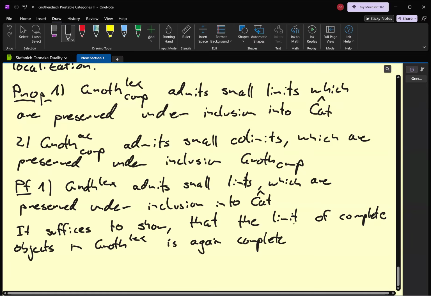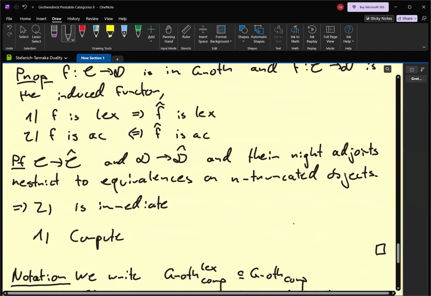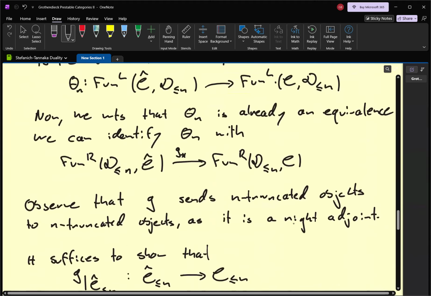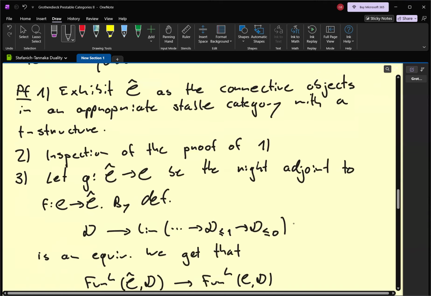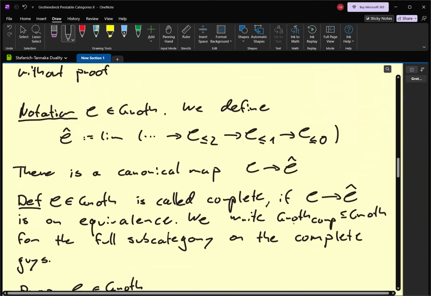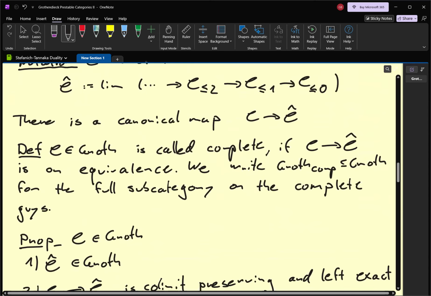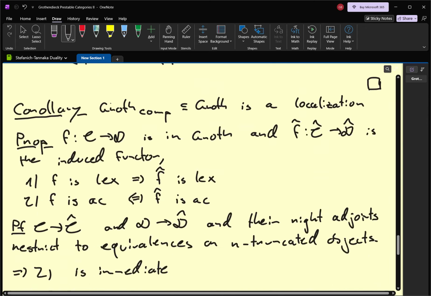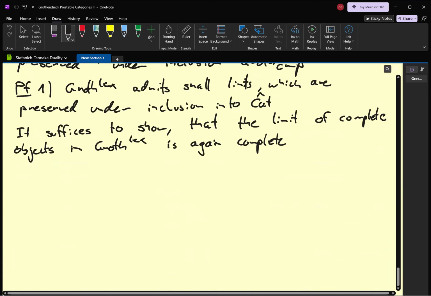But now we're in business, because the definition of completeness was done via limits, right? And limits commute. So this is clear.